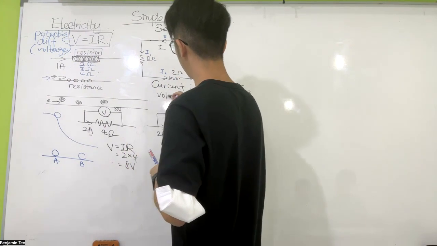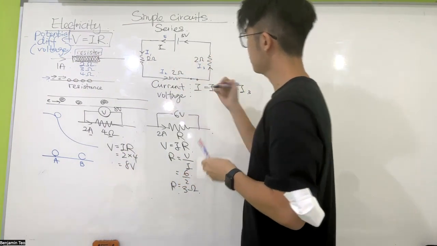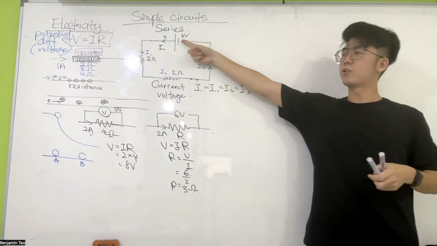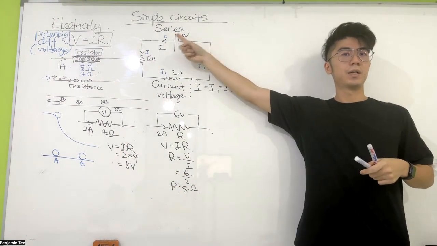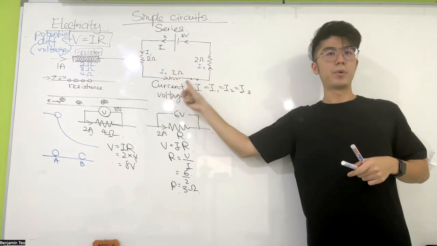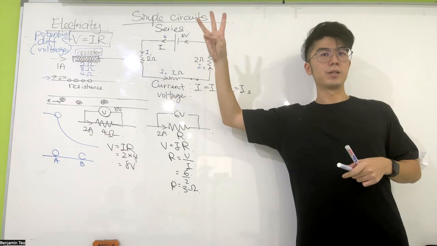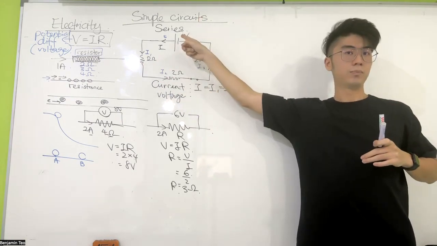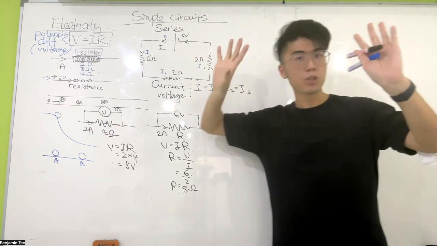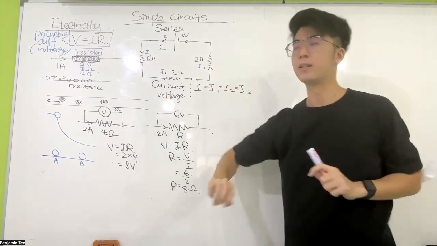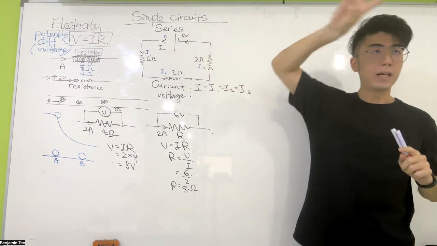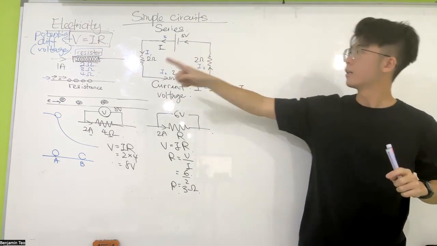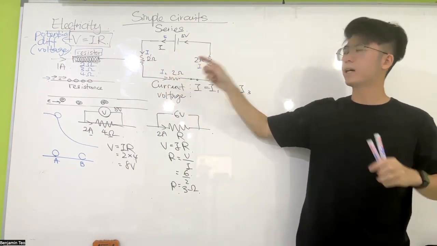Number 2, voltage. The voltage of the battery is 3 volts. Voltage across the components: how many components do I have? 3 components. All the voltages should add up to become the total. Remember I said voltage is something that pushes, like energy. The battery gives 3 volts of energy. How much does this one get, this one get, this one get, then it's divided.